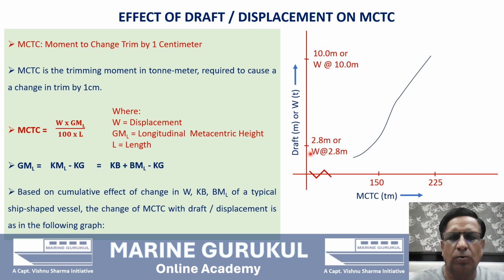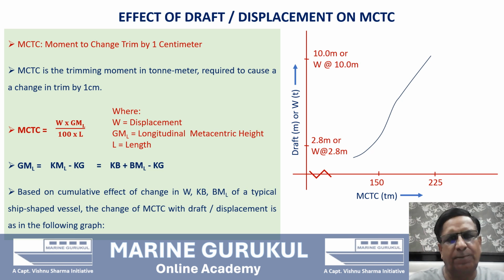Again, what does it show? As the draft increases, MCTC increases, but the rate of increase again comes down with the increasing draft. So this is how typically the MCTC of a ship-shaped vessel will change with the change in draft or change in displacement.